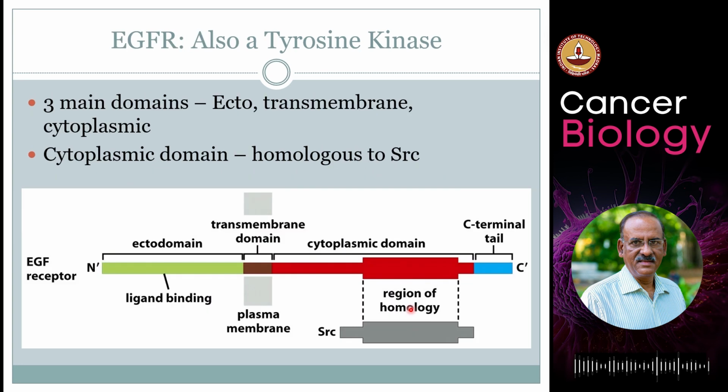EGFR is the famous example for a receptor tyrosine kinase. As I told you, the extracellular domain is also called ectodomain, then transmembrane domain, cytoplasmic domain. There is a SRC homology domain also in the cytoplasmic region. That is what is shown here.